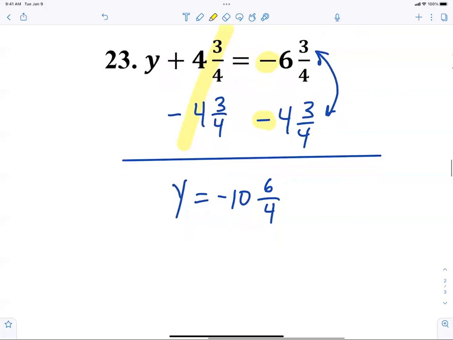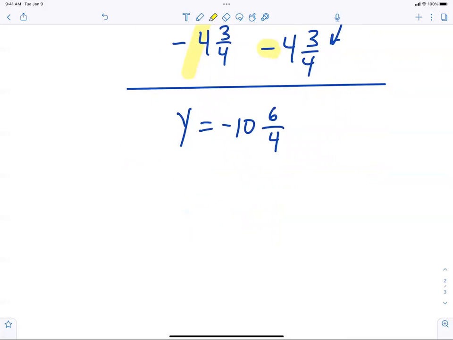You're adding. All right, now, of course, we have to fix 6/4. We have to reduce it by 2. So I want everybody to say y equals -10 and 3/2. And then everybody's got to be able to talk to me about this 3/2.